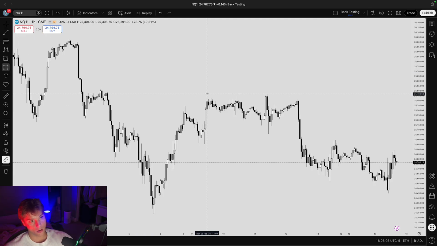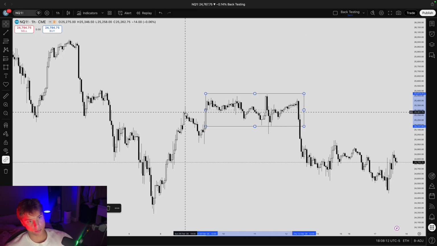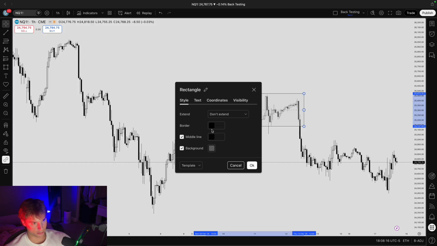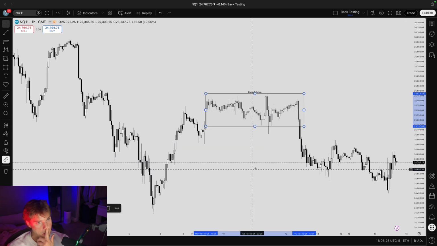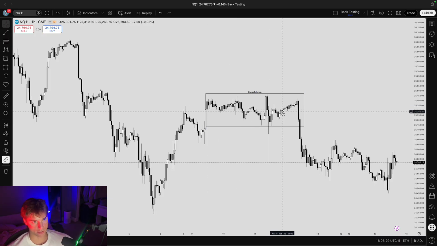So I said you can fit this in a box. This is choppy price action, or also known as consolidation. Let me put it here. So you can see it's consolidation because we are inside of this price range only.